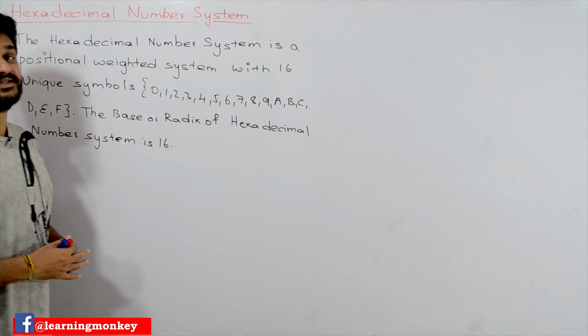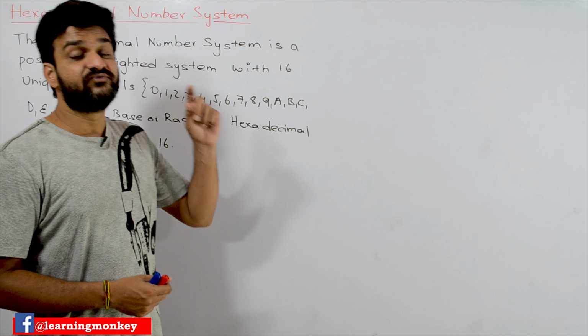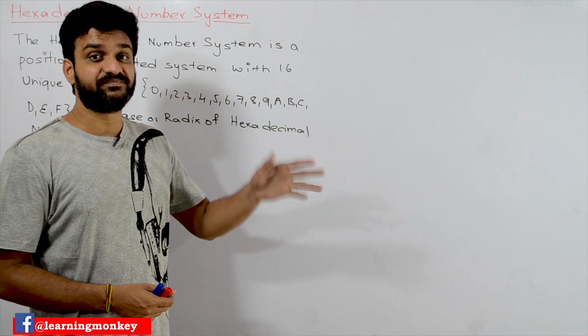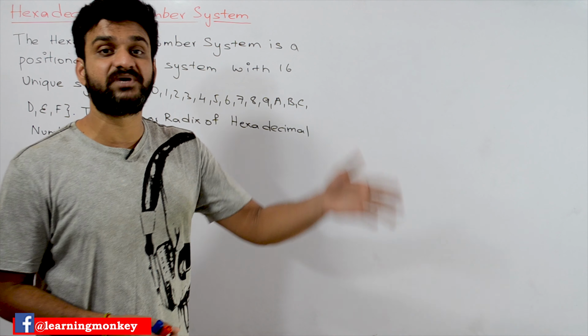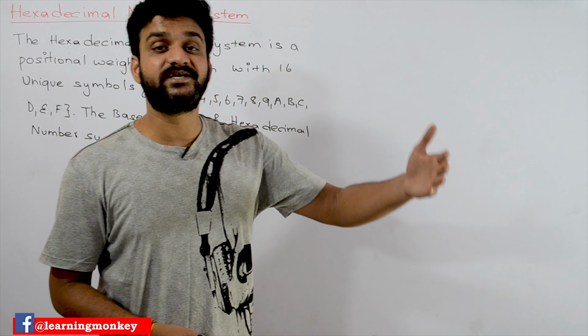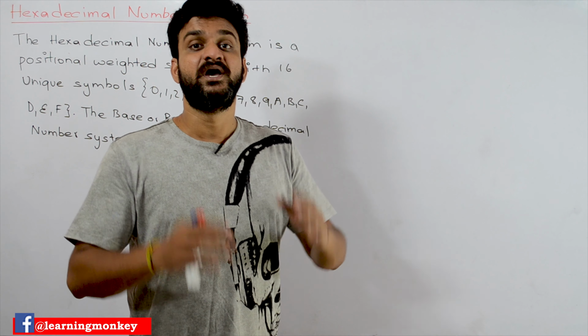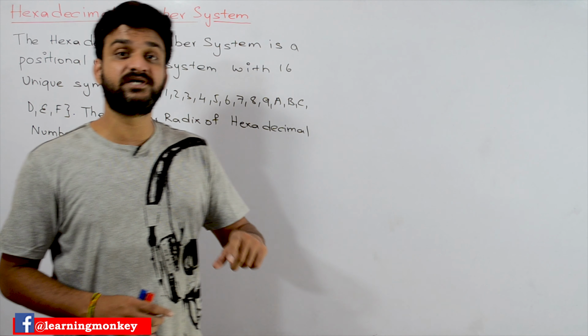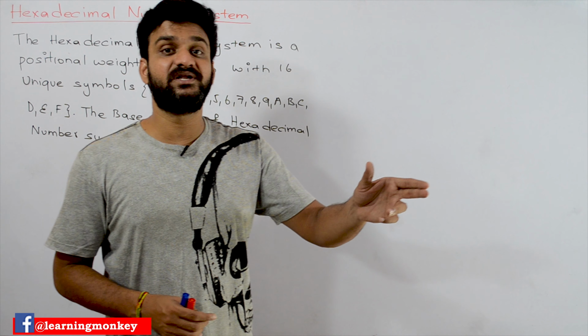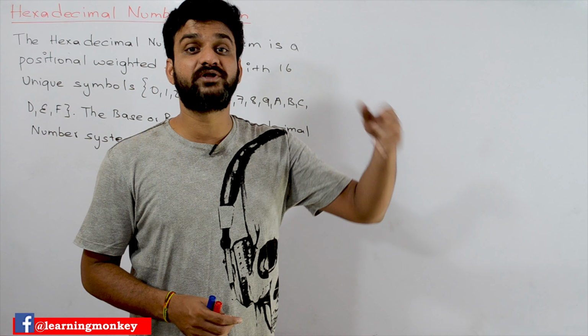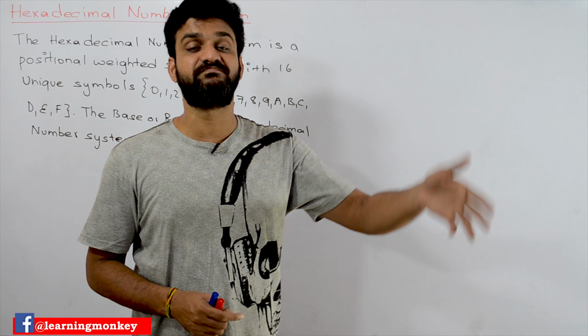In the hexadecimal number system we have 16 unique symbols. If there are 16 unique symbols, the base or radix of the hexadecimal number system is 16, because a number in the hexadecimal number system is based upon the 16 unique symbols.